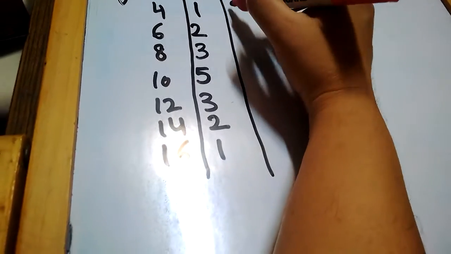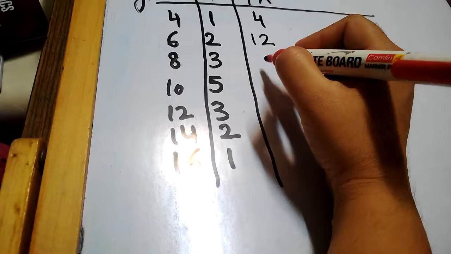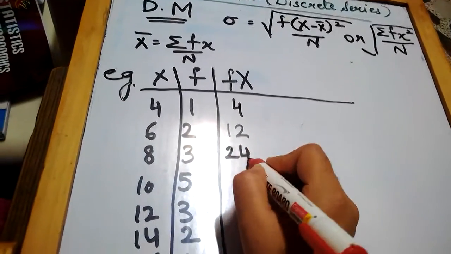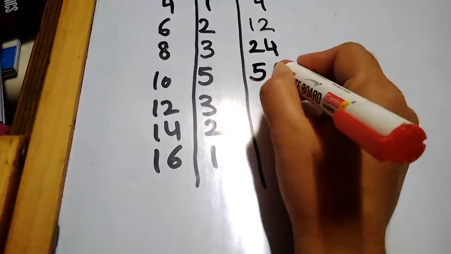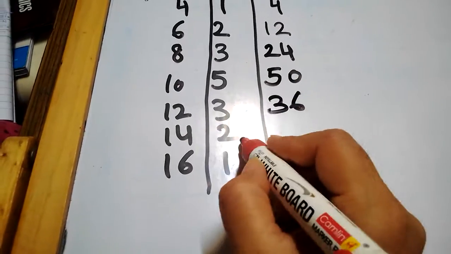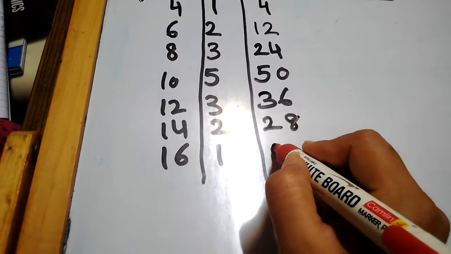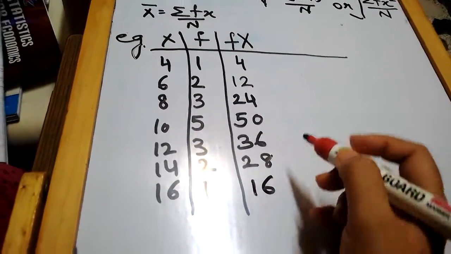So 4 ones are 4, 6 twos are 12, 8 threes are 24, 10 fives are 50, 12 threes are 36, 14 twos are 28, and 16 ones are 16. Fine children, up till here.